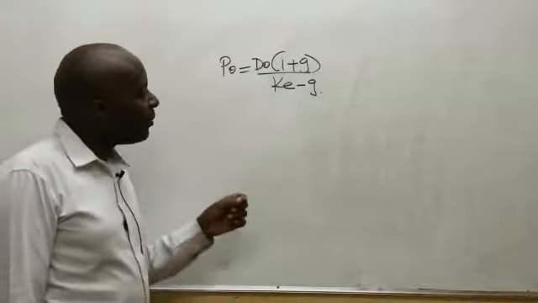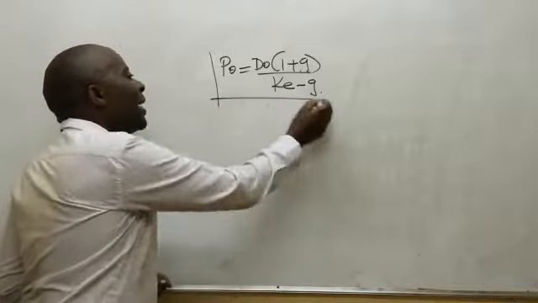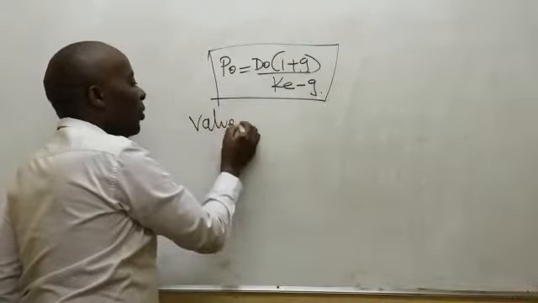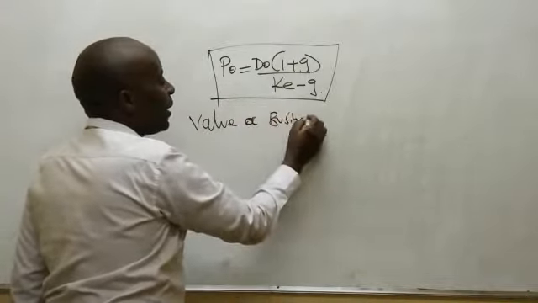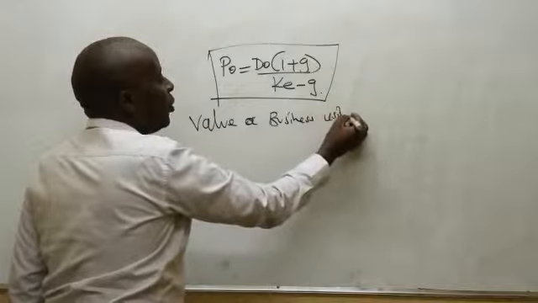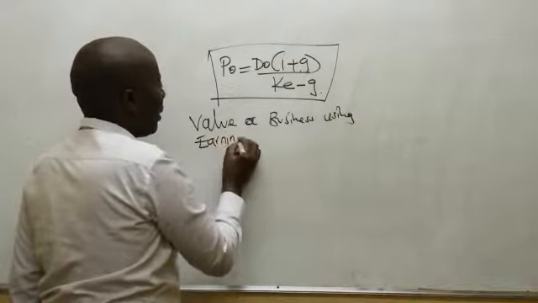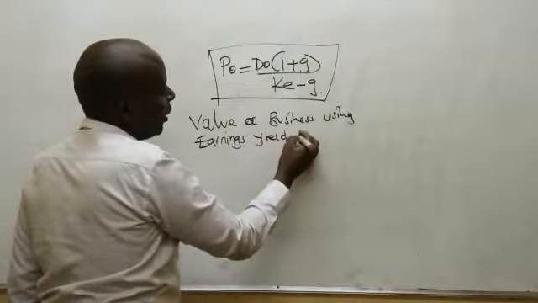Now, ladies and gentlemen, in some cases, you could get a situation where an examiner tells you to value, for example, a business using, for example, the earnings yield method.